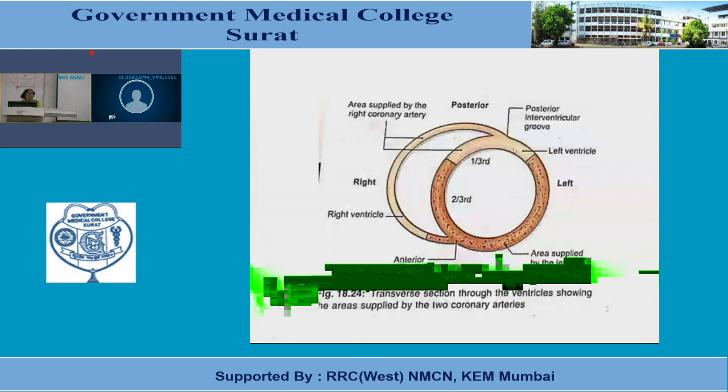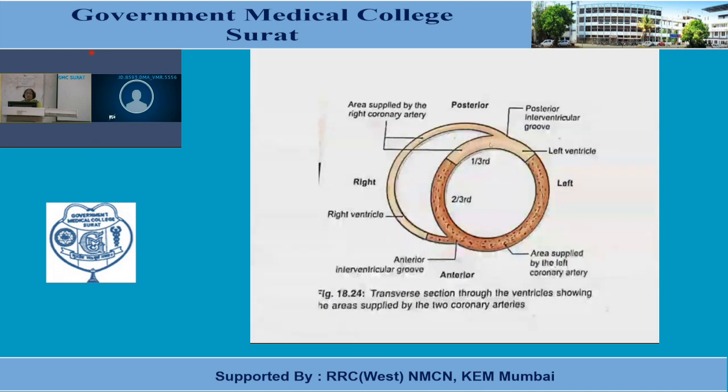Again, the posterior 1/3 part of the interventricular septum is supplied by the right coronary artery. Adjoining it you can see the left ventricle, and the whole dotted dark area indicates the area supplied by the left coronary artery.